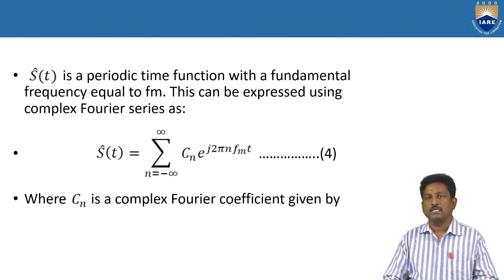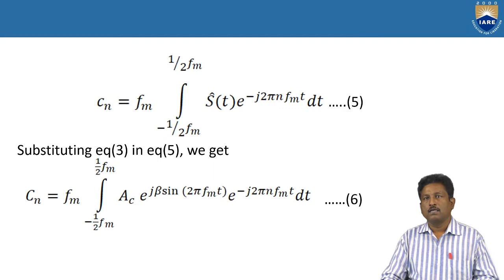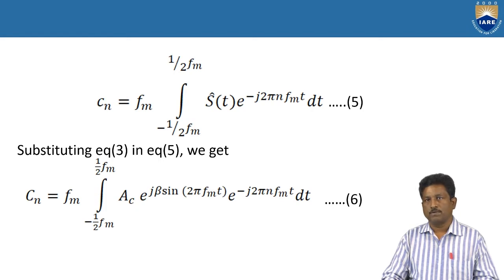Here Cn is a complex Fourier coefficient given by Cn equals Fm times the integral from minus 1 by 2 Fm to 1 by 2 Fm of s cap of t e power minus j 2 pi n fmt dt. Substituting equation 3 in equation 5, that is substituting the value of s cap of t, we get Cn equals Fm times the integral from minus 1 by 2 Fm to 1 by 2 Fm of AC e power j beta sin 2 pi fmt e power minus j 2 pi n fmt dt.